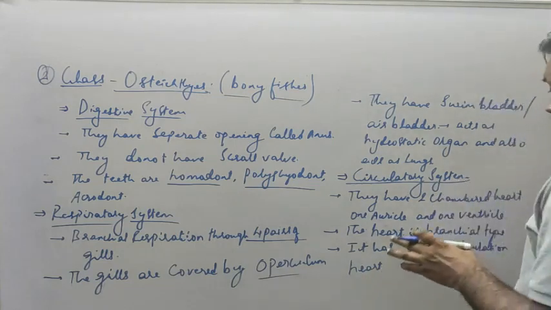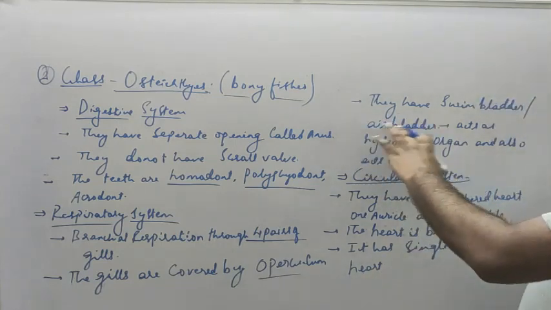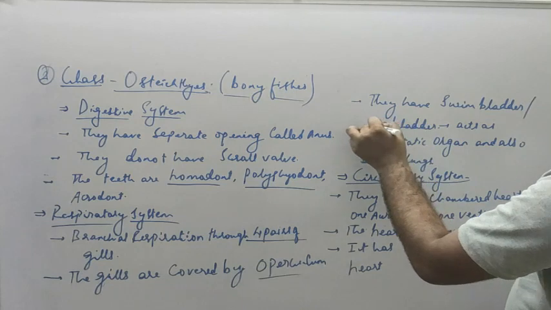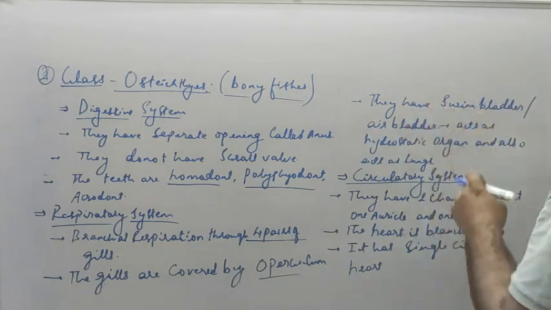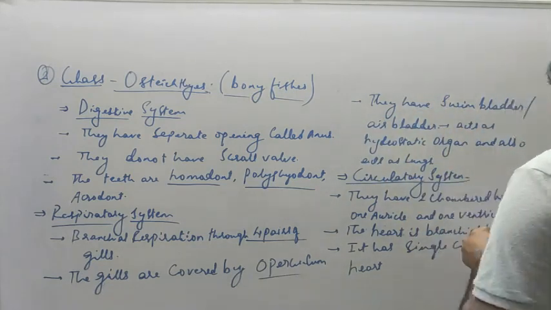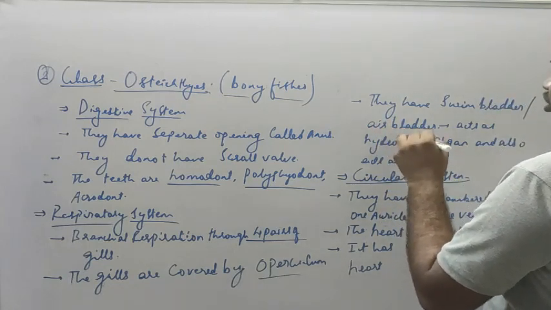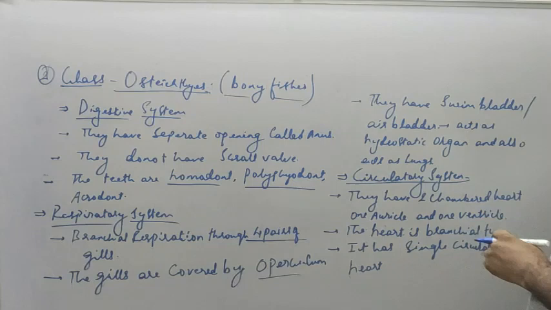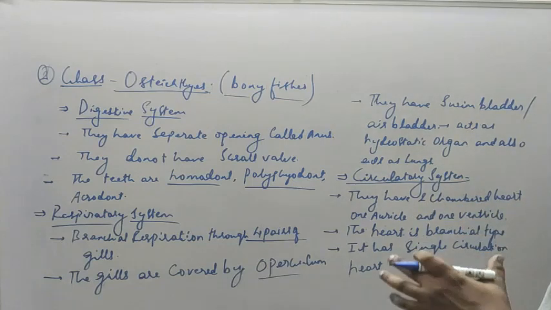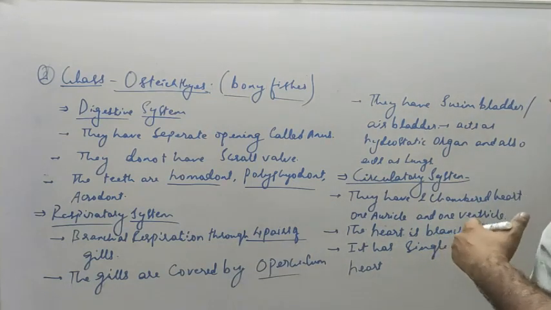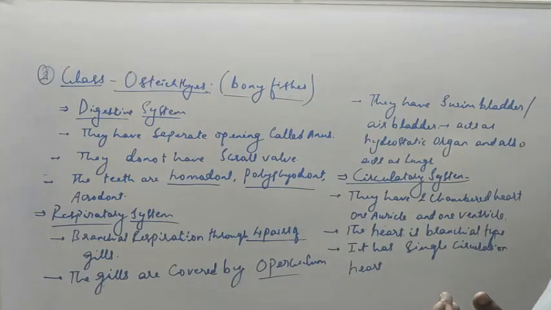Now when we look at the point about the air bladder, it also consists of a kind of ossicle, a tiny bone which is supporting this air bladder. Why is it supporting the air bladder?